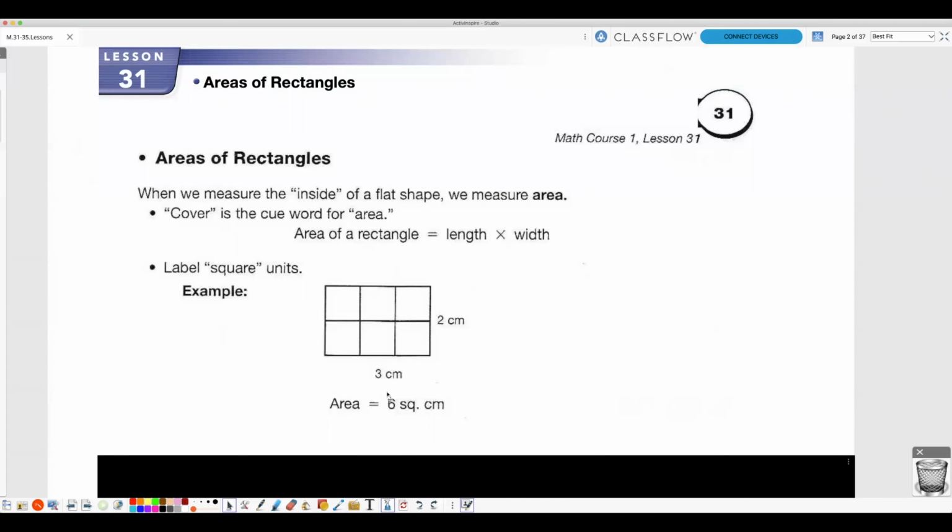If you have this example, you have the length being 3 centimeters and the width being 2 centimeters. You have the length times the width. In this case, it's 3 centimeters times 2 centimeters, and that means the area would be 6 centimeters squared. Or you could say 6 square centimeters if you're typing it out.